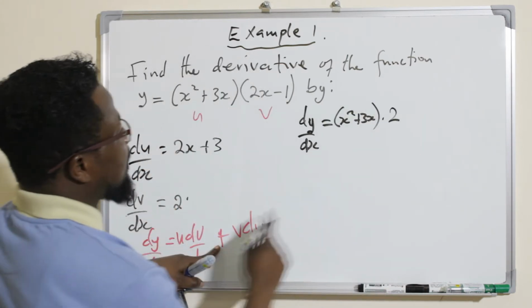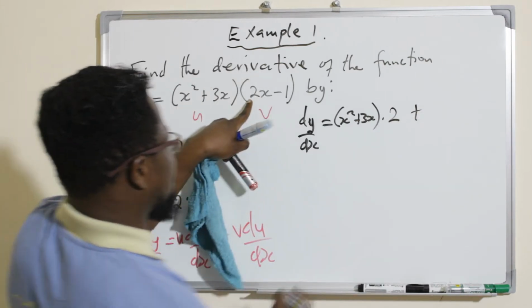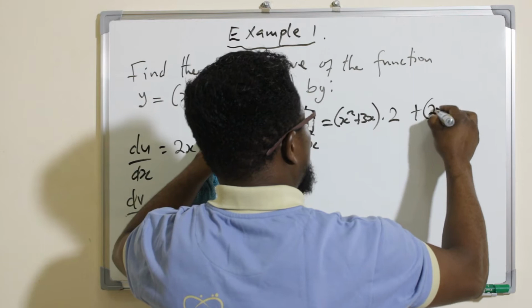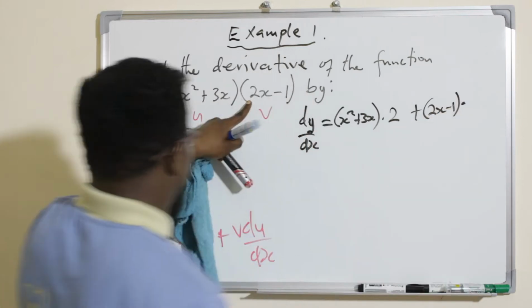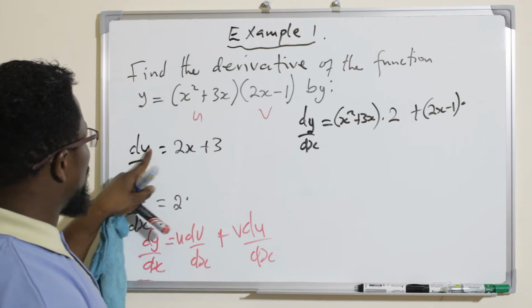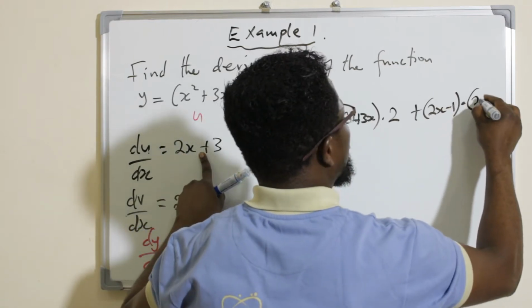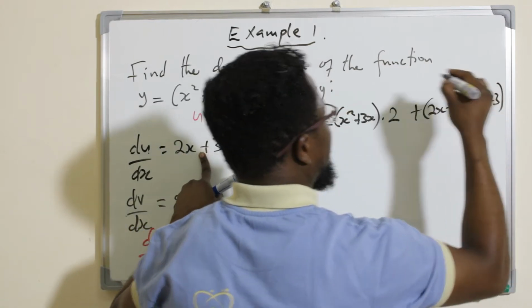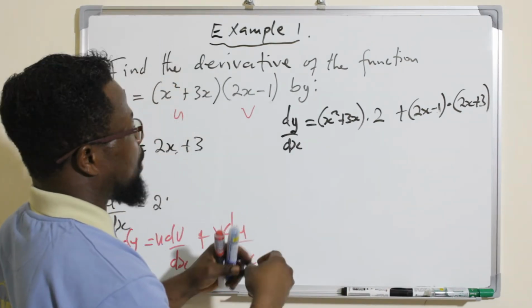There is an addition sign, so I put down the addition sign. And now I have v. Where is v? It is here, and v is 2x minus 1, multiplied by du/dx. Where is du/dx? du/dx is here, and that is also 2x plus 3. Now let's simplify and finish up from here.